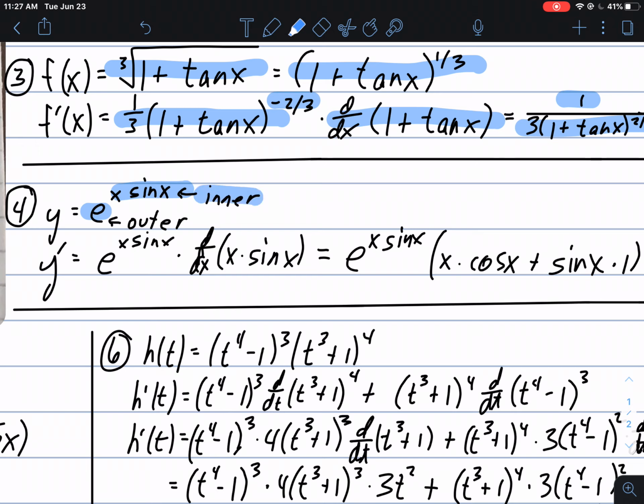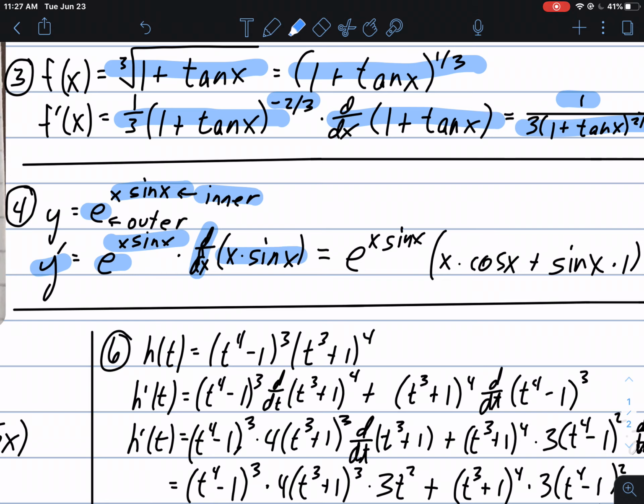So then when we differentiate y prime, how do I differentiate our exponential function base e? We've said already that the derivative of e to the x is e to the x. So here the derivative of e to the whatever is still e to the whatever. That doesn't change. That's the outer function. But then, because of chain rule, I have to differentiate that exponent.